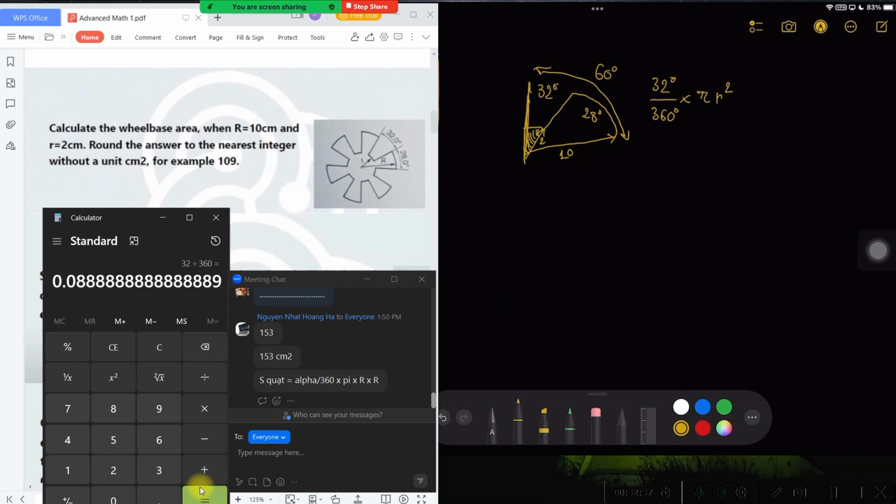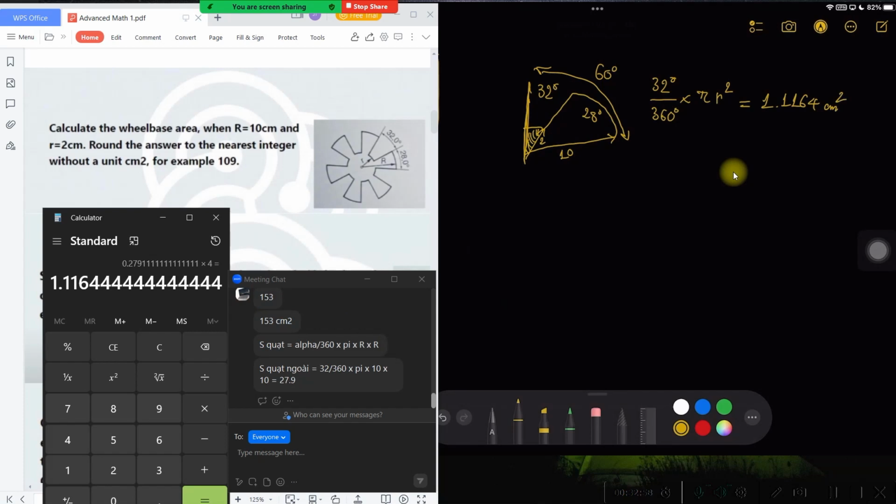It's gonna give you this one. Times 3.14. And times r here is 2, so 4. So what you get here, it's 1.1164 cubic centimeter. That's a small piece.